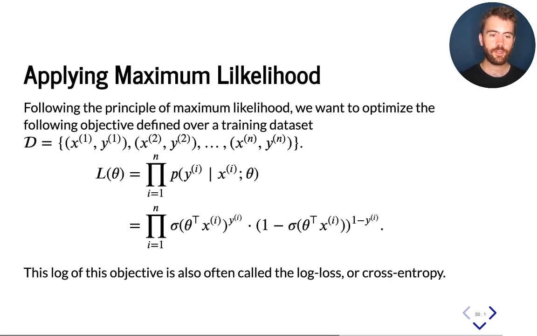If we apply the principle of maximum likelihood, we obtain the following likelihood: given a data set D, this is simply the probability of each y given x under our model. Here I'm just plugging in the definition of the model that we have given earlier, and we obtain the following objective. We're going to be working with the log of this objective, and in that case, it is also known as either the log loss or the cross entropy objective.